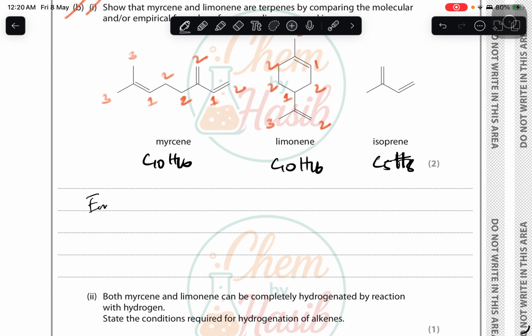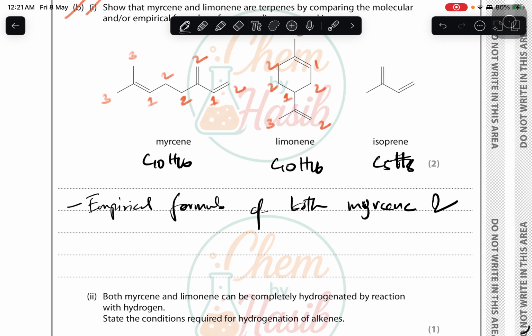So in the answer you should write that the empirical formula of both myrcene and limonene is C5H8. Right?